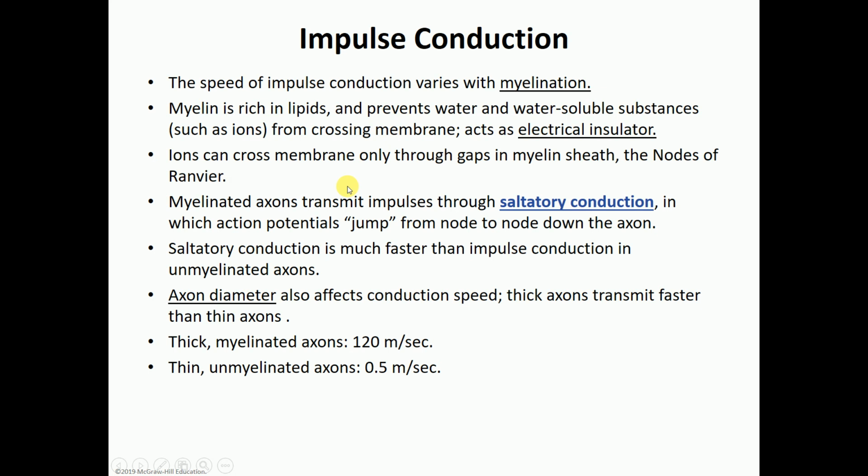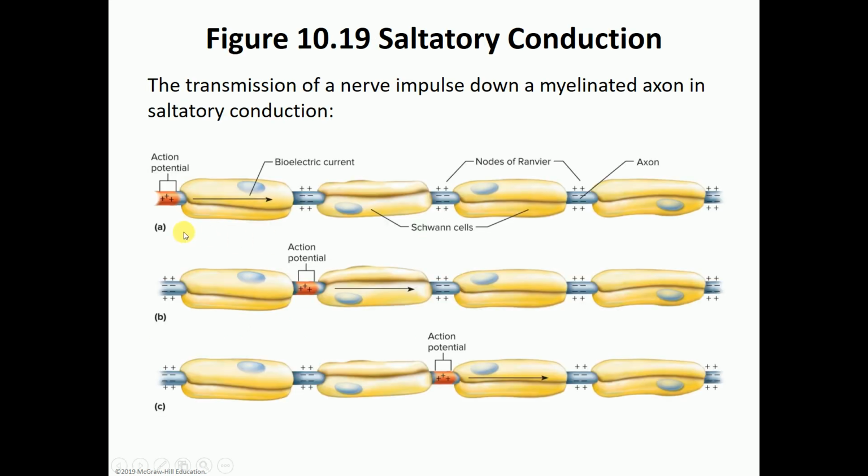And because of these gaps, known as nodes of Ranvier, it can lead to saltatory conduction, where the electrical changes, instead of having to go through the axon one step at a time, could actually jump in between these nodes of Ranvier. Imagine yourself walking as opposed to skipping. Which one is faster? The skipping is obviously faster.